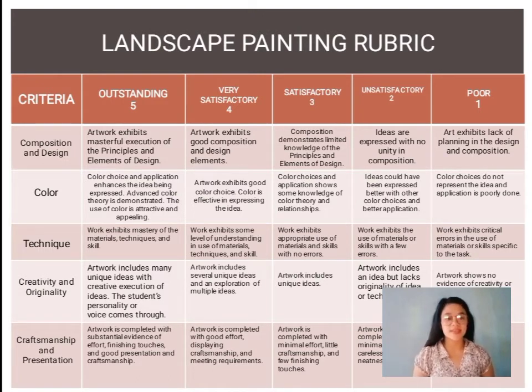Satisfactory is artwork that includes unique ideas. For unsatisfactory, artwork includes an idea but lacks originality of idea or technique. For poor, artwork shows no evidence of creativity or originality.